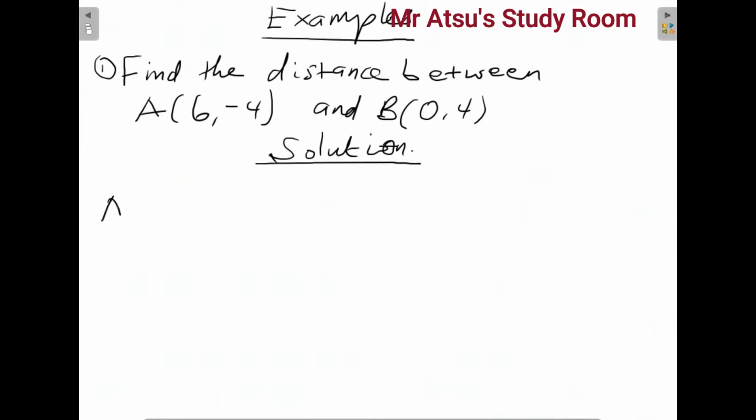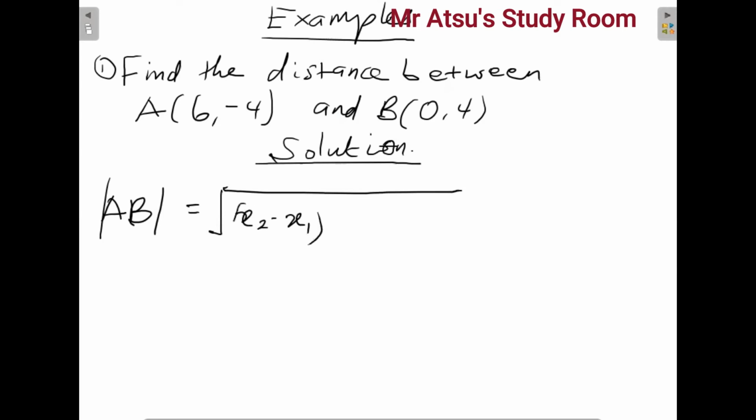So we have to start by quoting our formula that the length or magnitude of the line AB is equal to the square root of change in x, which is the same as x2 minus x1 all squared, plus change in y, which is the same as y2 minus y1 all squared. And now we fix our numbers into it.